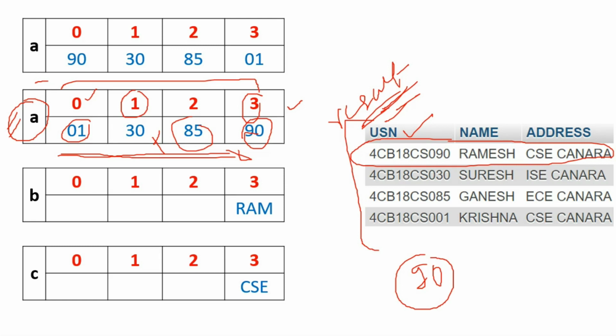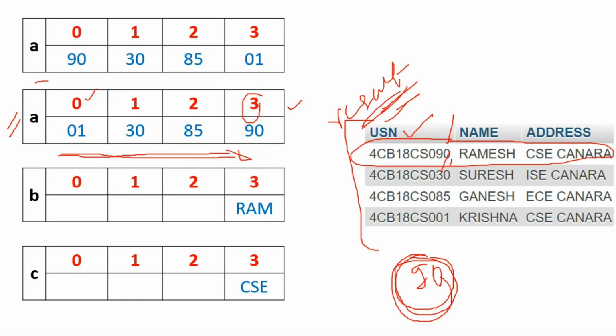It means I'll run the for loop till I find the value I have accessed from the while loop, using the first row. Whatever row I have accessed using MySQL fetch association, I'll fetch the USN, that is 90, and check at which index in the sorted array that USN is stored.